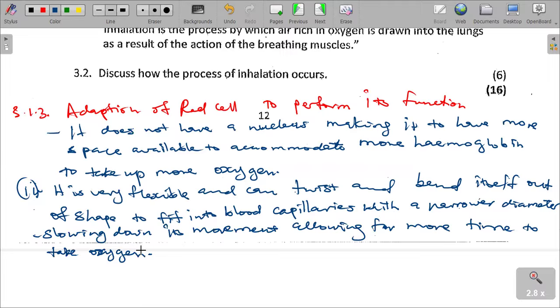Another last point that I can add is that it is biconcave to increase the surface area so that more oxygen can enter.